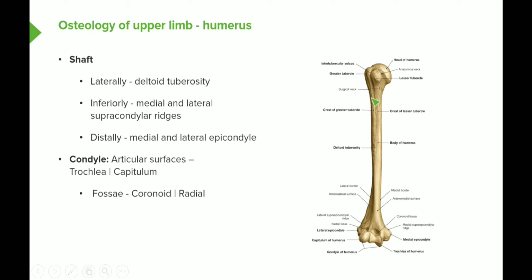We have these two crests coming from the greater and lesser tubercle, still forming this intertubercular sulcus down onto the shaft of the humerus. And we can see that on this more distal aspect of the humerus, as it tapers away, moves distally towards the elbow joint, we have what are known as medial and lateral supracondylar ridges.